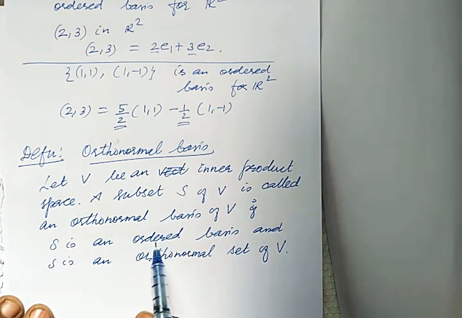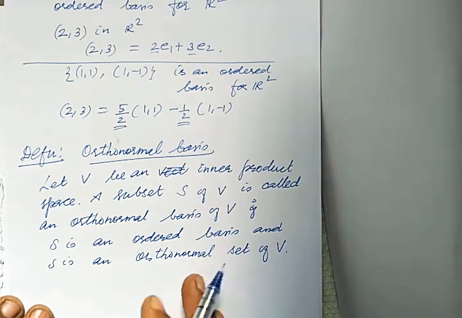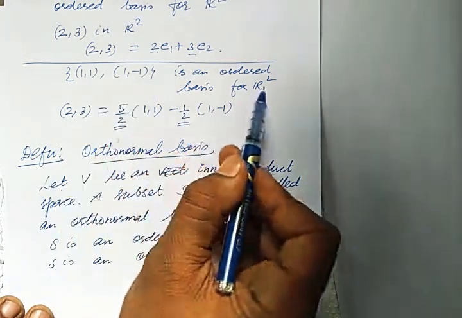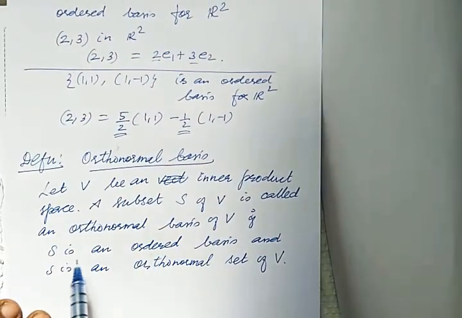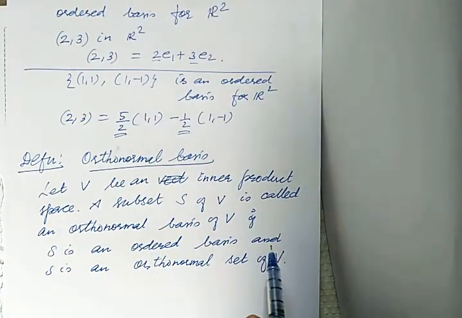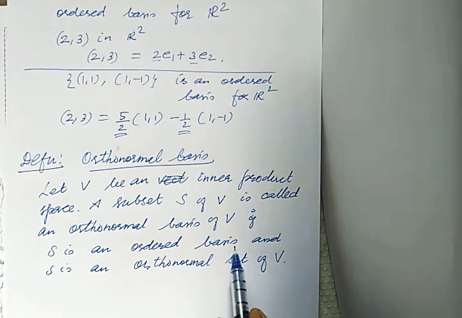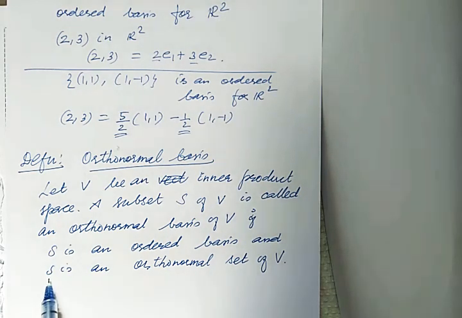S must be an ordered basis for the vector space V, as well as an orthonormal set. Orthonormal set means what? The elements of S must be orthogonal to each other and all are unit vectors.